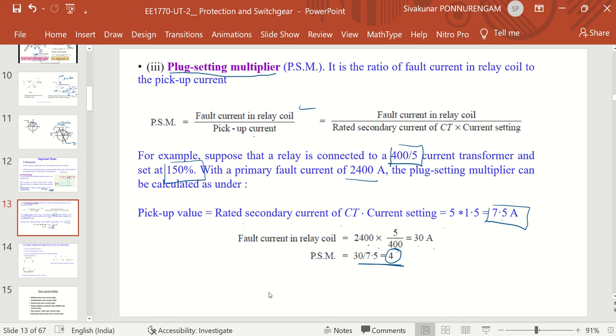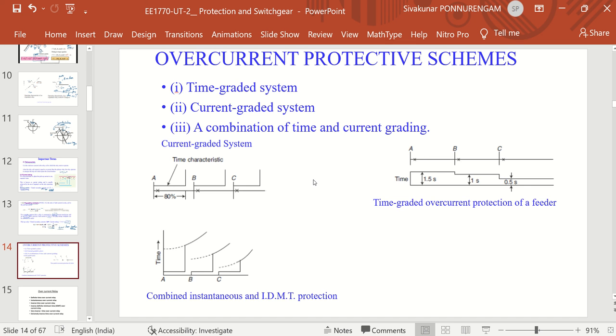By using this technique, the relay can be used from a lower level to a higher level, from a lower pickup current value to a higher pickup value. Next, in the overcurrent protection scheme, we are going to see more operations.